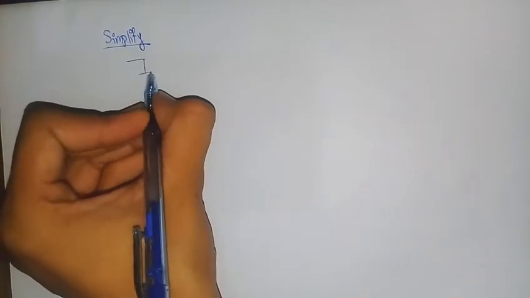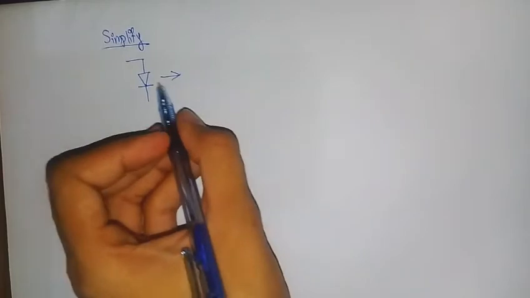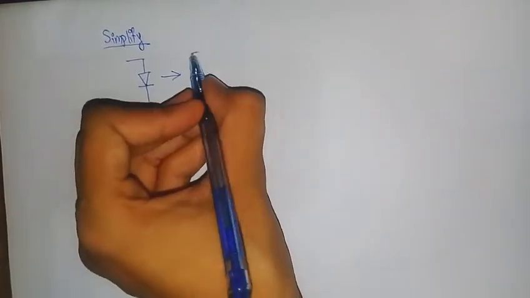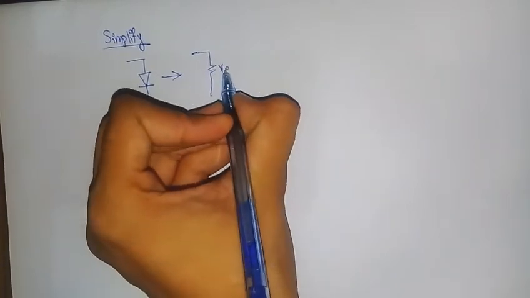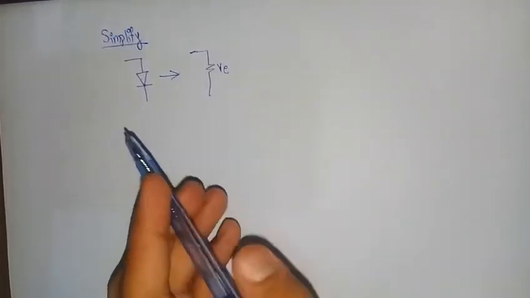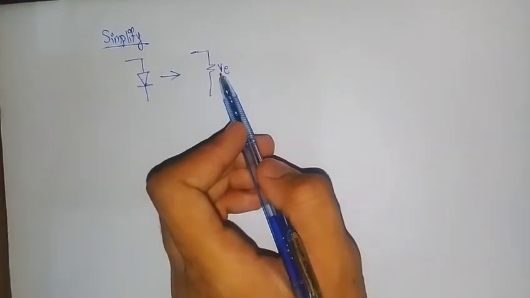So now we will simplify that model. There is a diode present, and this diode has the value of AC resistance, and the AC resistance has the value of re. We also saw this in our previous lecture on the common base configuration re model, and here the diode value is re.